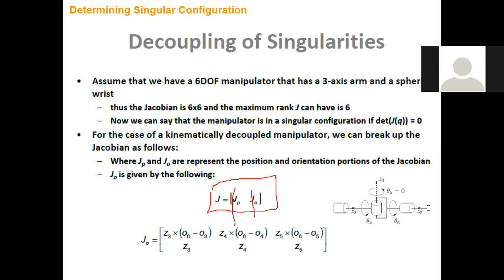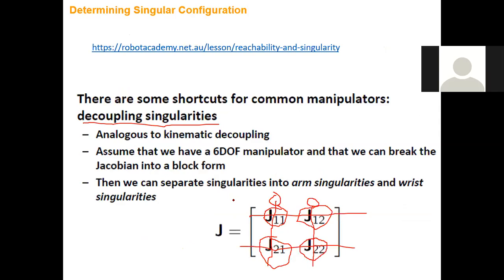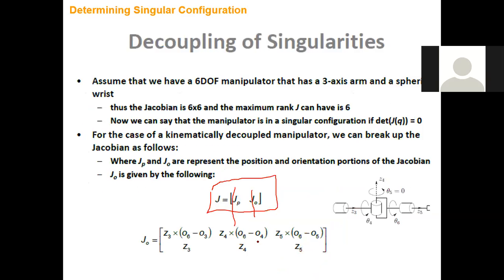J11 and J21 make up JP, and J12 and J22 make up JO. I'm further condensing this again. Does it make sense?